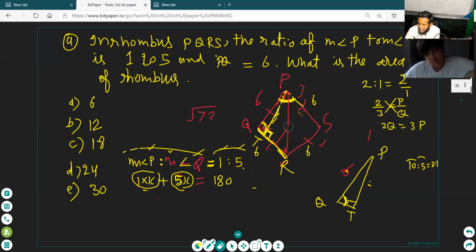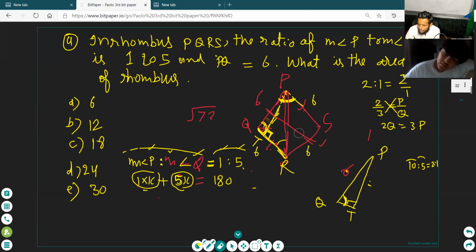We draw the height from the vertex. This is not making 90 degrees. If this is a diagonal, it's still a straight line. No, this is not height because it is not from the vertex.